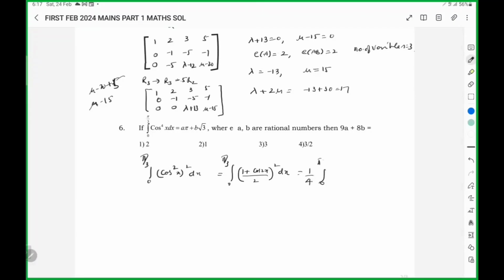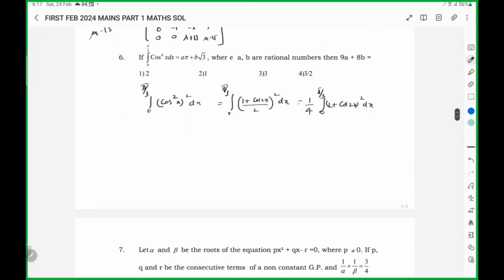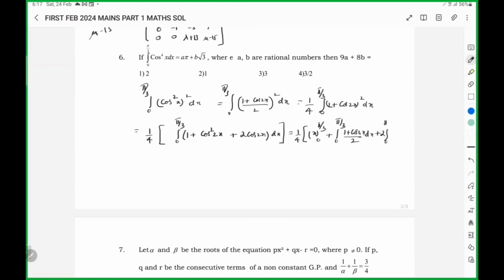That is 1 by 4 integral of (1 plus cos 2x) whole square dx, which is integral 0 to pi by 3 of cos square 2x plus 2 cos 2x dx. 1 by 4 integral 1 dx, that is 0 to pi by 3, plus integral of cos square 2x, plus 2 times integral 0 to pi by 3 of cos 2x dx.